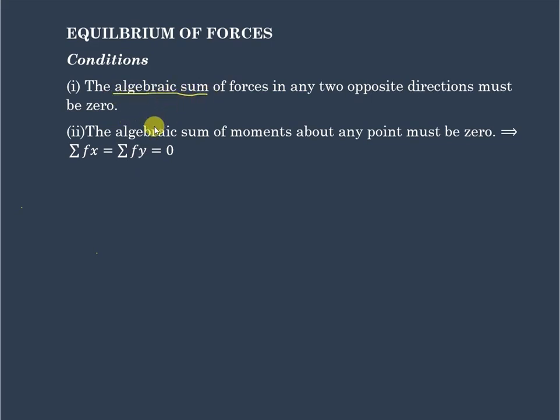It is not just a sum, but algebraic sum. So if we talk about forces like these, you have a force of 5 newtons, another force of 10 newtons, and another one of 6 newtons.